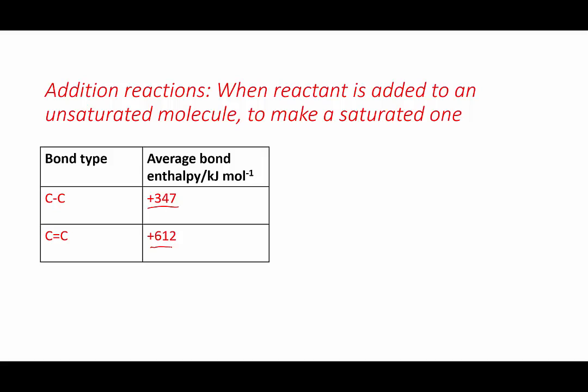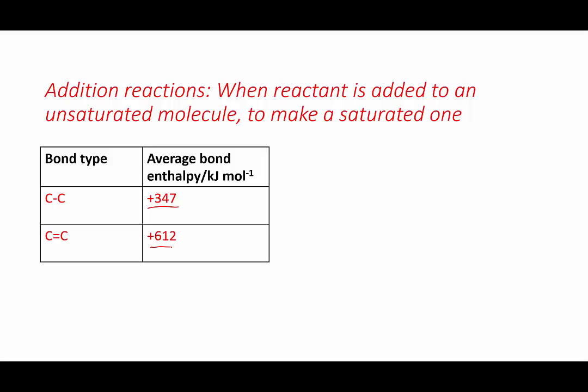You'll cover bond enthalpies later in one of the modules. Essentially, it just means how much energy is required to break this bond. So we need 347 kilojoules per mole to break a carbon-carbon single bond, and we need 612 kilojoules per mole to break a carbon-carbon double bond.